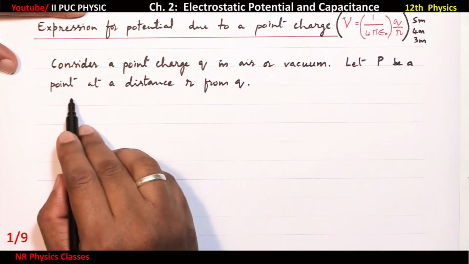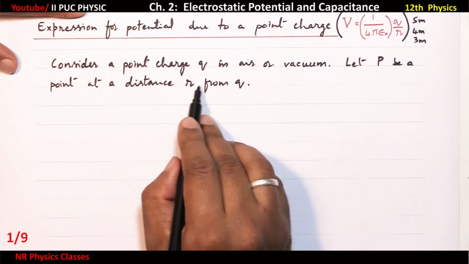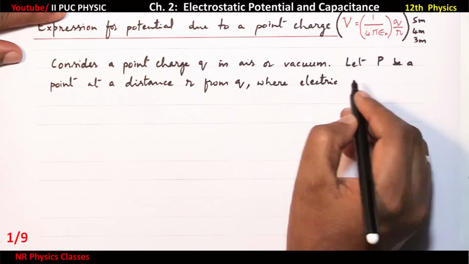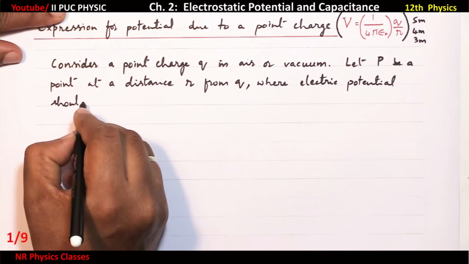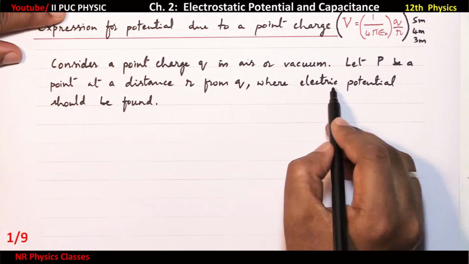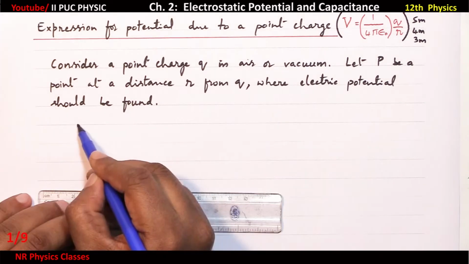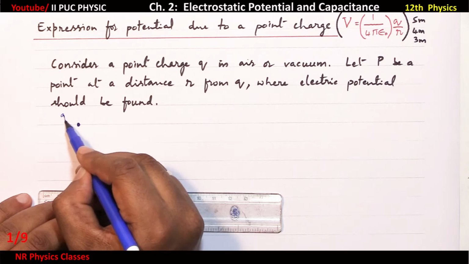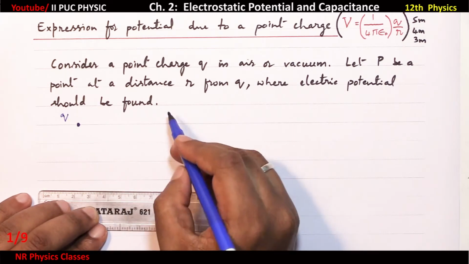Let P be a point at a distance r from Q, where the electric potential should be found. This is the charge, given charge Q. This is point P.